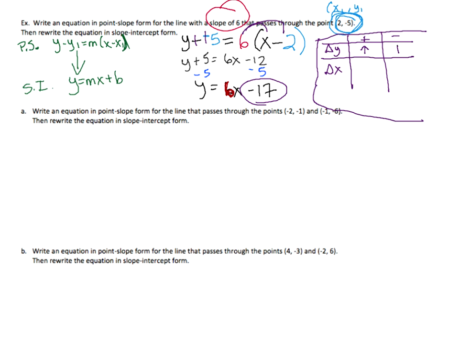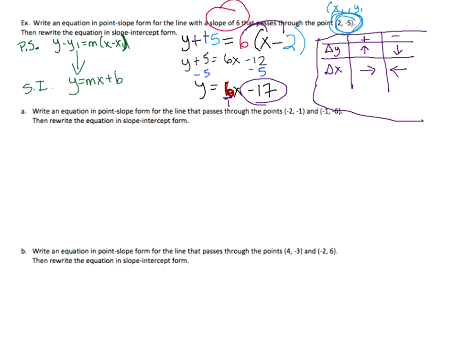Positive y is up, negative y down, positive x right, negative x left. So to graph this thing, what I'd do is I'd put a point on negative 17 on the y-axis, and then I'd move, because I have a slope of positive 6, that's really 6 over 1, up 6, right 1. Or I could move down 6, left 1, negative, negative, because negative divided by negative is a positive.